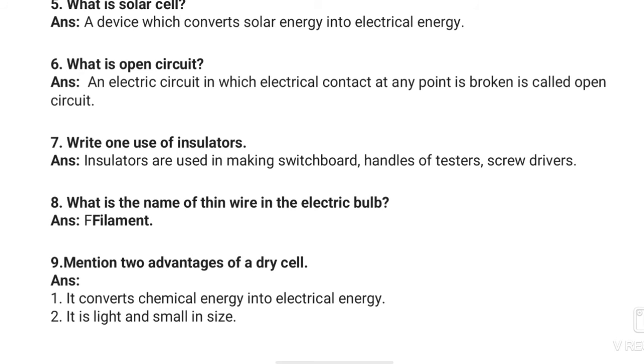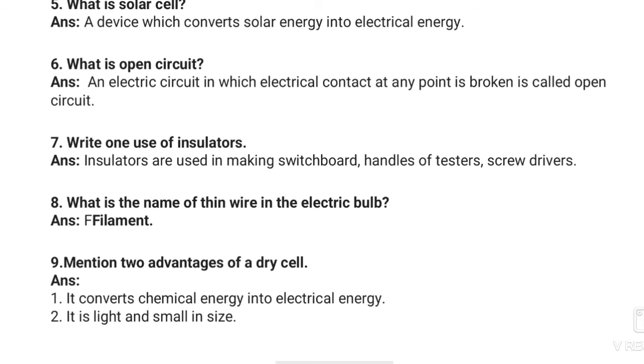Insulators are used in making switchboards, handles of testers, screwdrivers, and so on. Next question: what is the name of the thin wire in the electric bulb? The thin wire-type structure inside the electric bulb is called the filament of the electric bulb.